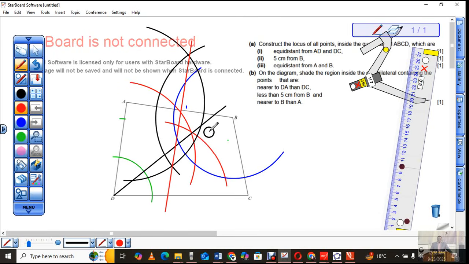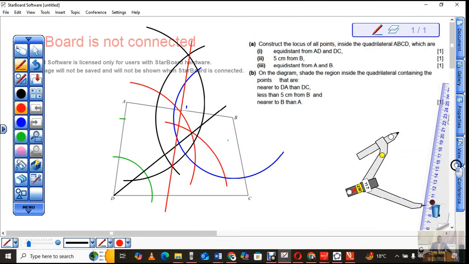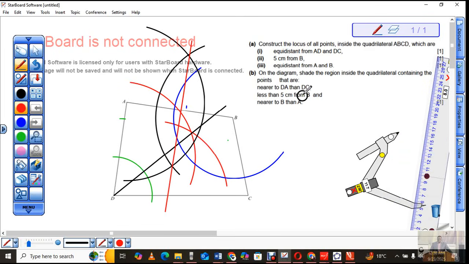But what needs to happen is you shade the region inside that is nearer to DA than to DC. Less than 5 centimeters from B, so inside the blue, and nearer to B than to A.